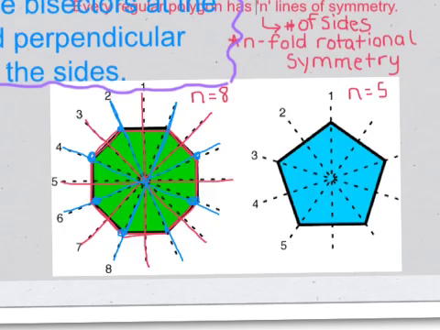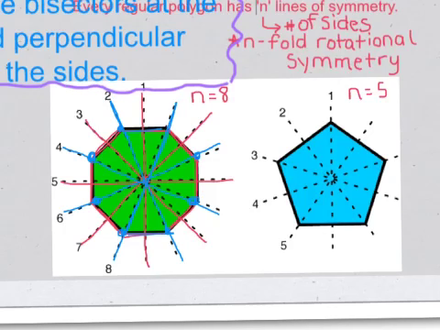So they go from side of the figure here to side of the figure here. And the other half of the lines go from angle to angle. Okay, so if I give you a 10-sided figure, you can draw in all the lines of symmetry by connecting all of the angles that are across from each other and then connecting all of the sides that are across from each other.